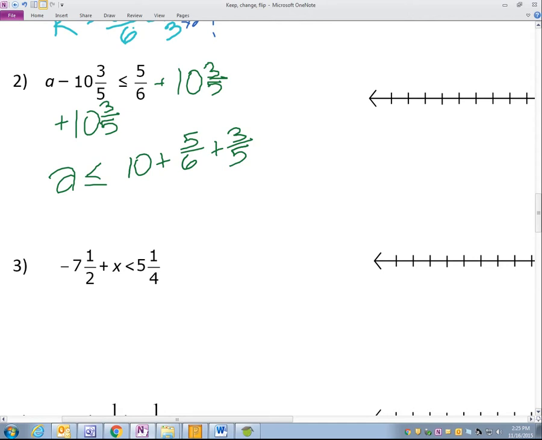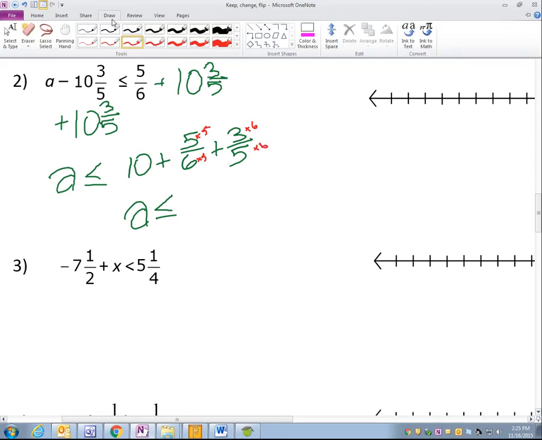LCD of 6 and 5. And sadly, the least common denominator is going to be 30. I don't like it whenever you have to multiply the numbers together to get it, but we'll work with it. So we have A is less than or equal to, I have to multiply times 5 and times 6.